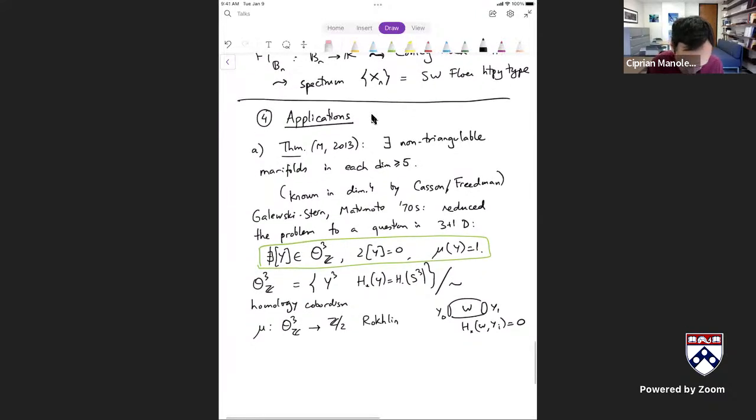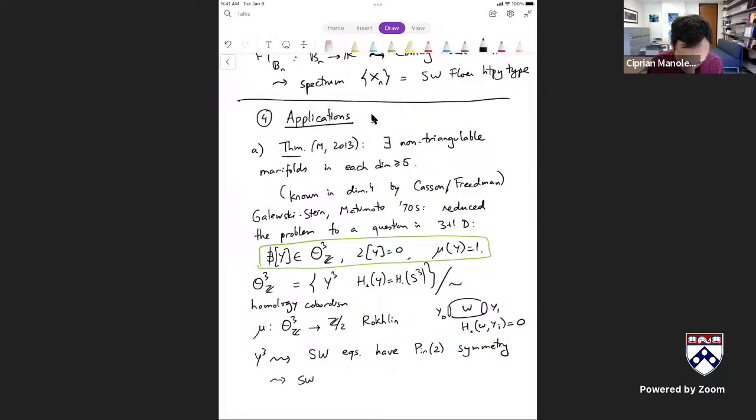So the way you show this is, from Y, I'll be very brief. You look at the Seiberg-Witten equations on Y, and you notice that they have a symmetry by the group Pin(2).